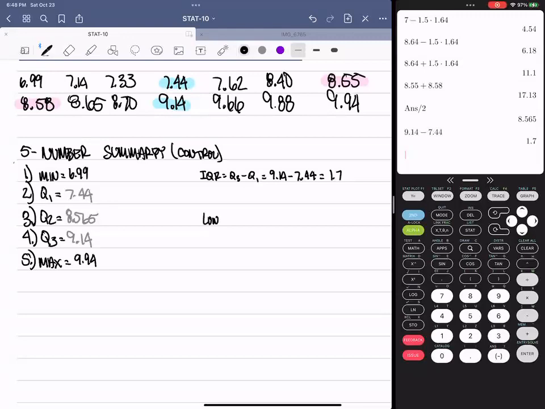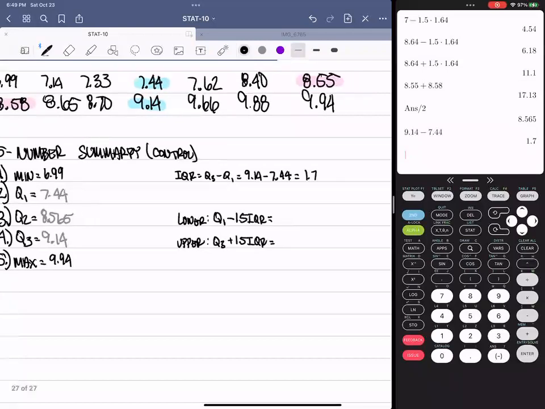So now we have our lower fence and our upper fence. Lower fence is all of our lower stuff, so our lower quartile, Q1, minus 1.5 times our IQR. Our upper fence is going to consist of our upper stuff, so Q3 plus 1.5 times our IQR. And let's throw in our values in here. So Q1, 7.44, minus 1.5 times 1.7, or IQR.